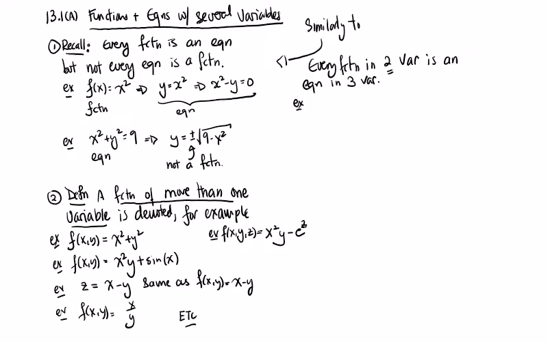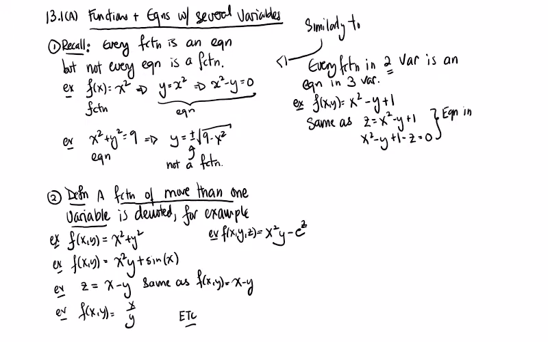So for example, a function like f of x y is x squared minus y plus 1. This is the same as z equals x squared minus y plus 1, which is then an equation, right? And again, you can manipulate it, you don't have to, but just for the sake of argument, you could maybe move the z over. But the point is, you can see in both of these cases, this is an equation in 3 variables because you pick up the extra z there.